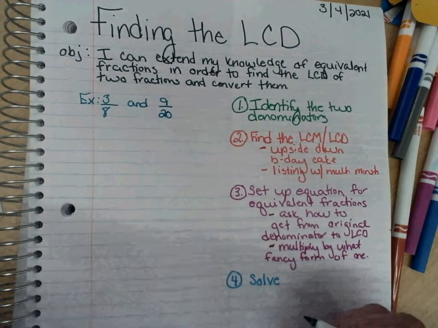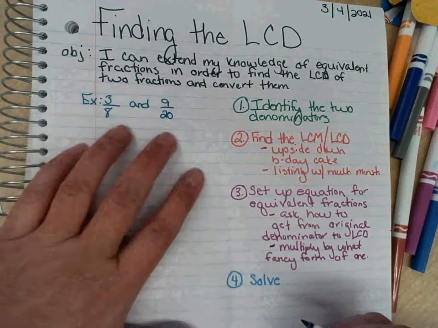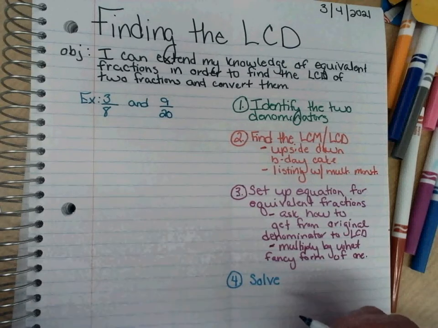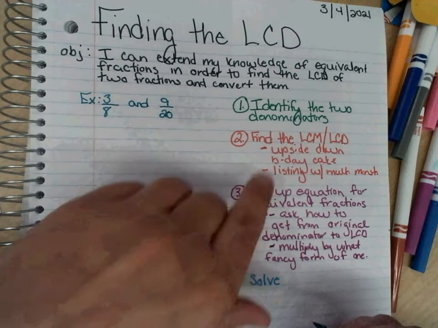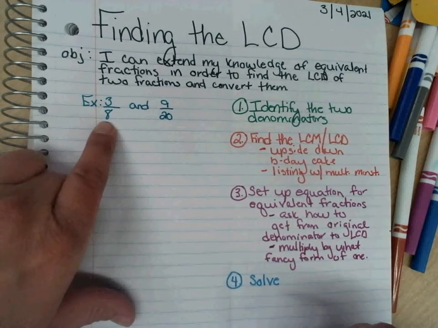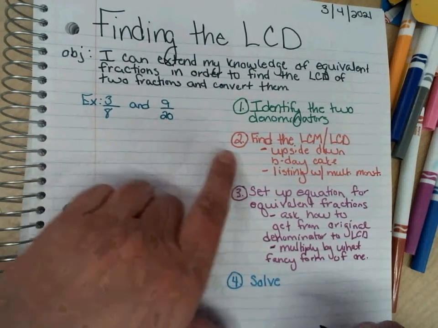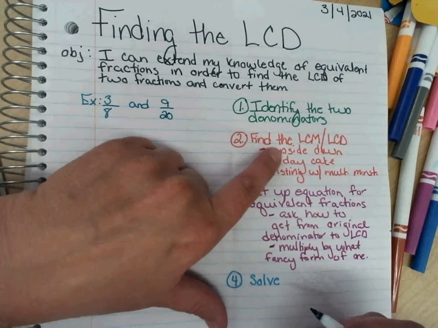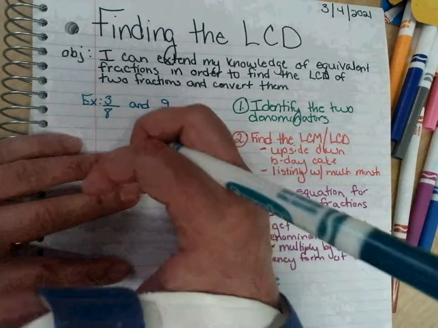And I want to find the least common denominator of those two fractions. Okay, least common denominator. And I want to rewrite those fractions as their new equivalent. So my first step is to identify the two denominators. So my denominators are 8 and 20. And so of those two numbers, I'm going to find the least common multiple or the least common denominator.